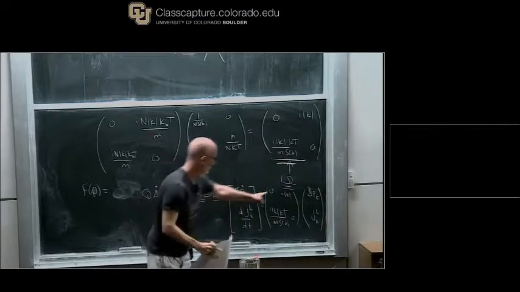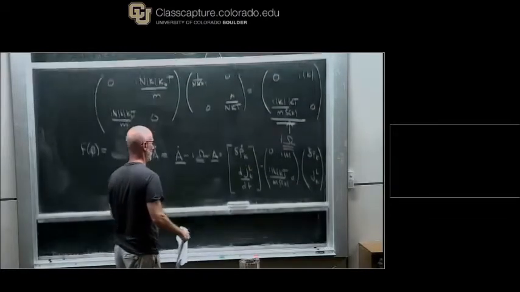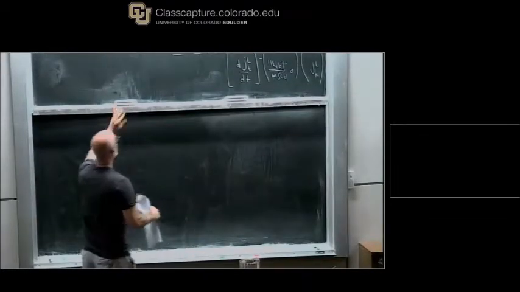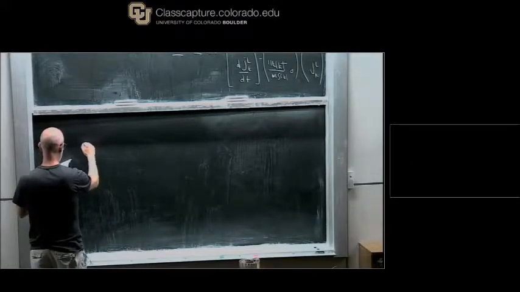And we can do this matrix times vector. And so what we find is that the fluctuating force is equal to a vector whose first component is 0.